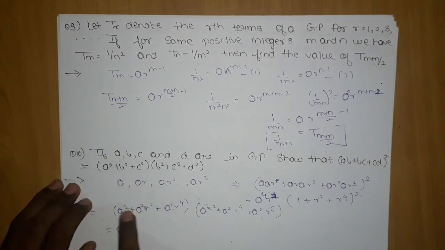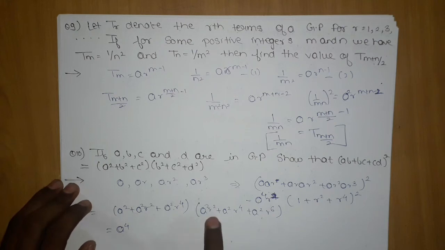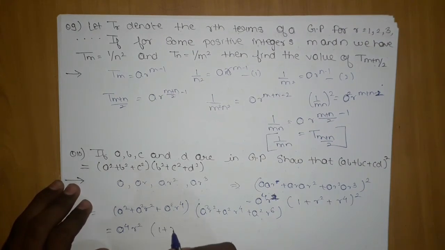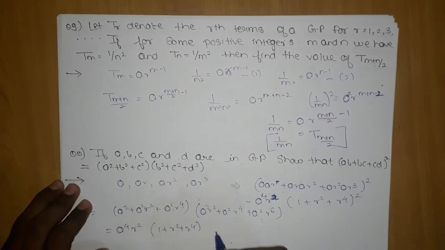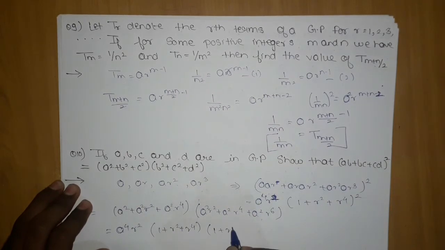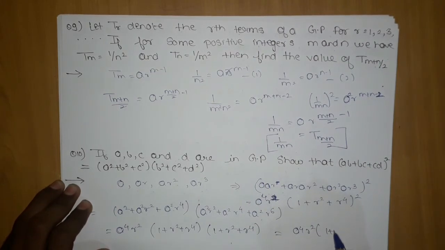Here I cannot take anything common, here I can take r square. So if I take r square common, what I get is 1 plus r square plus r raised to 4 into 1 plus r square plus r raised to 4. So it is nothing but a raised to 4 r square into 1 plus r square plus r raised to 4 the whole square.